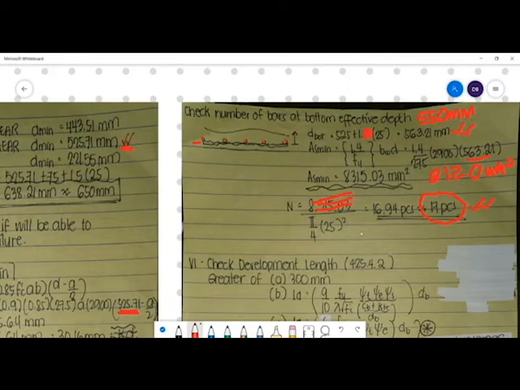So let me erase this one. This is 8,120. We erase this. It's equal to 16.54, which is also equal to 17 pieces.